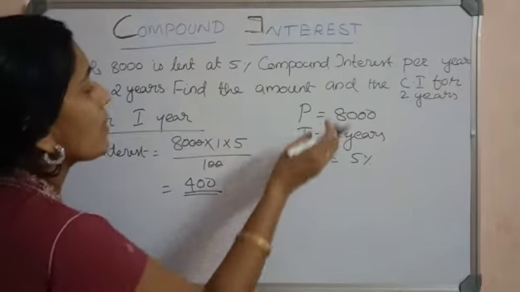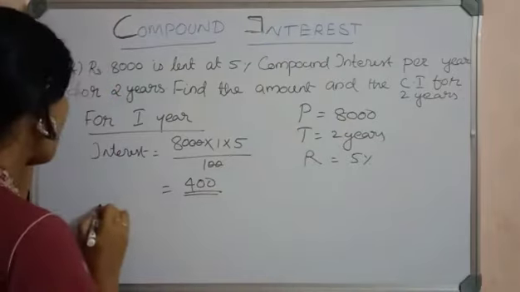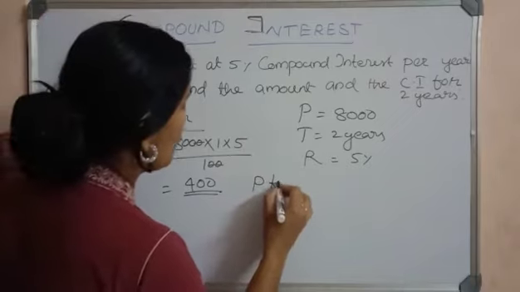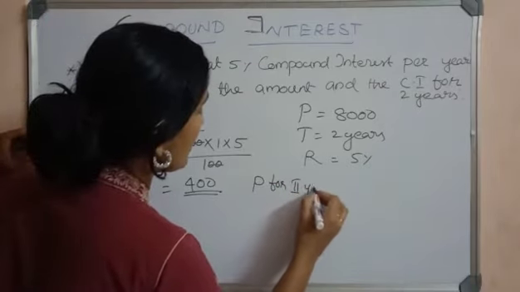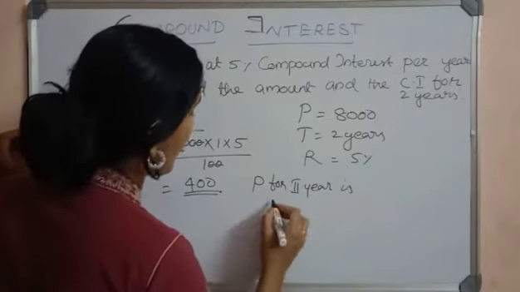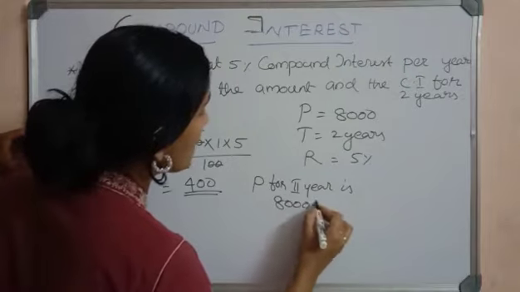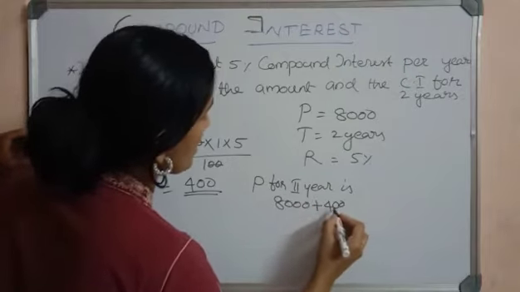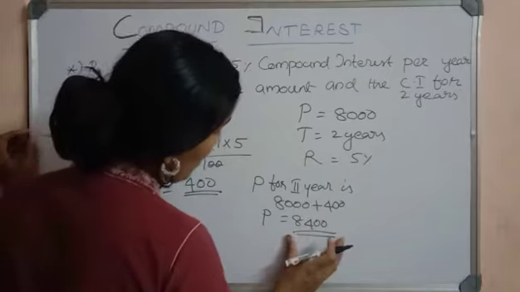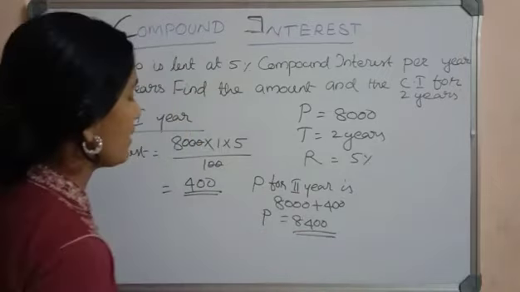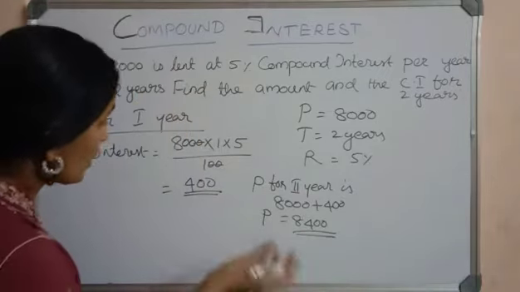Now let's find the principal for the next year. So the principal for the second year is 8,000 plus 400, that is equal to 8,400 rupees. That's the principal for the second year. Now let's find the interest for the second year.